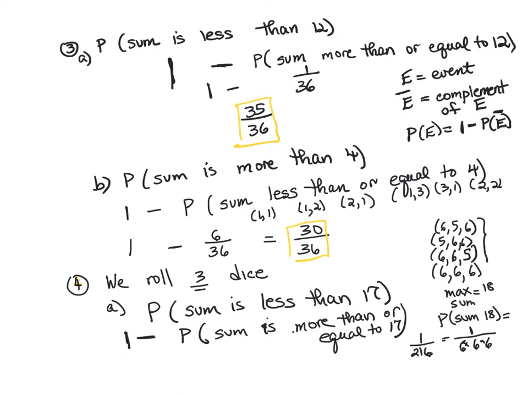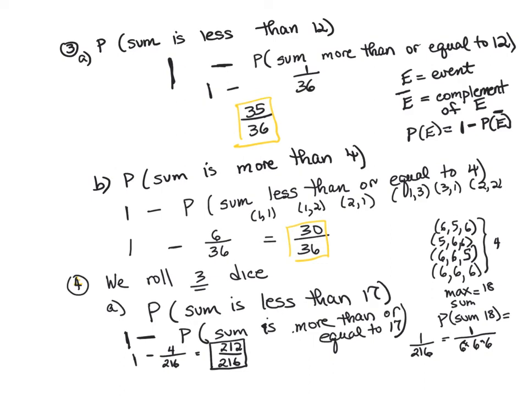And we see that there are 4 possible outcomes for a sum more than or equal to 17. So this would be 1 minus 4 over 216. And the answer here would be 212 over 216, which would be very difficult to count if we listed all the possible outcomes. So here the complementary event is very, very helpful.